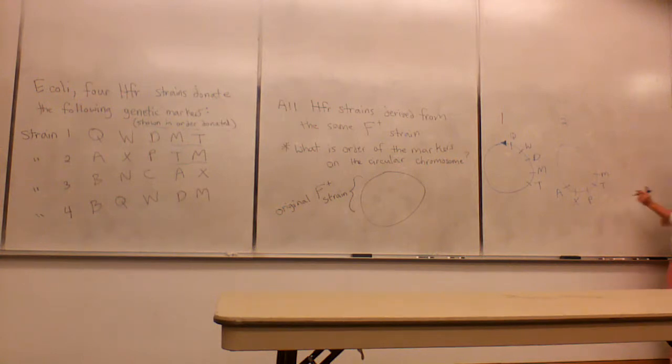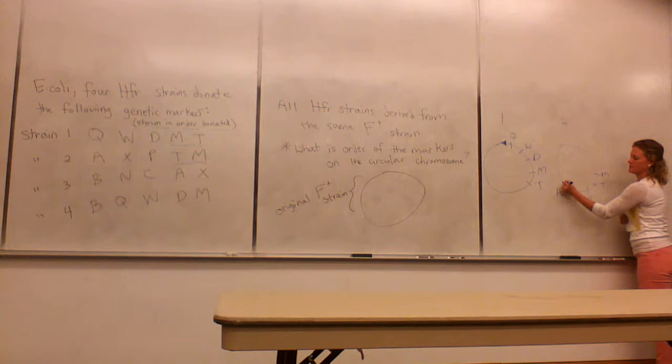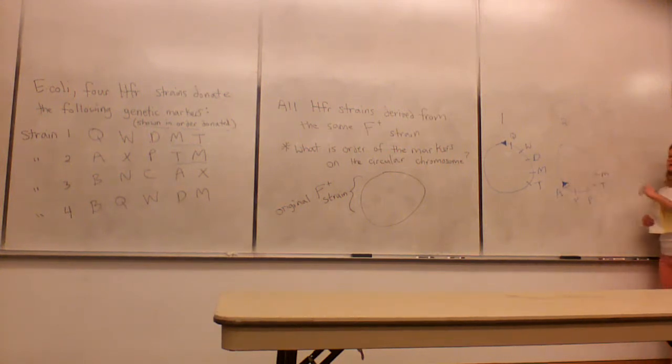In front of the A, right? Because A is the first one coming in. So to help you understand which direction you're flowing in, you put it right in front of that first marker, just like it was the front of a train or the front of a snake or whatever it is you're thinking about as it's moving its way into the next cell. That's the front. That's the first thing to come in.